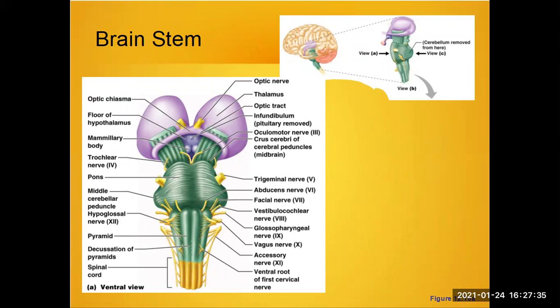In this picture, you can see the anterior view of the brain stem, and you can see the main parts of the brain stem: medulla oblongata, anterior surface, base of the pons, and crus of the midbrain.